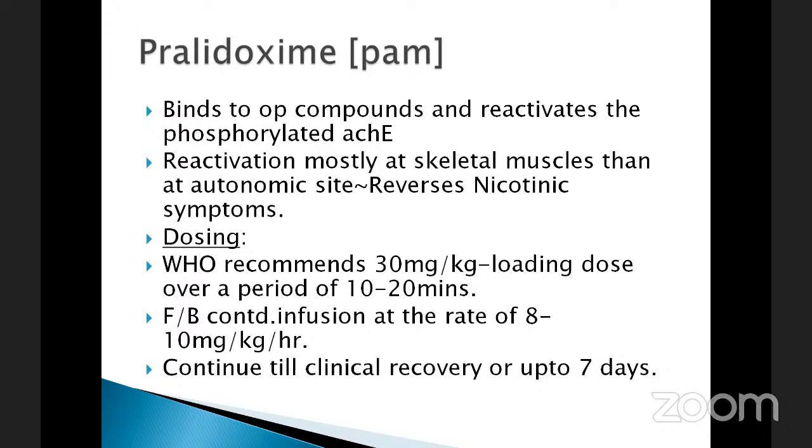So which part of the neuromuscular junction will this go and attach to, causing the irreversible complex? And what is the mechanism of atropine? How does it act? And what is the mechanism of PAM and how does it act?